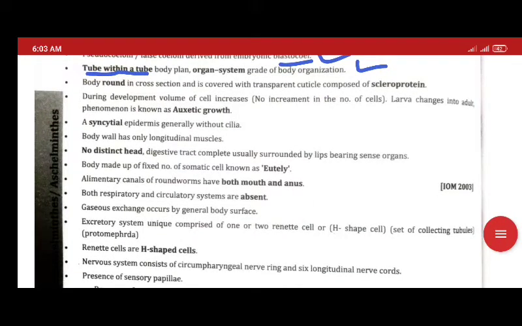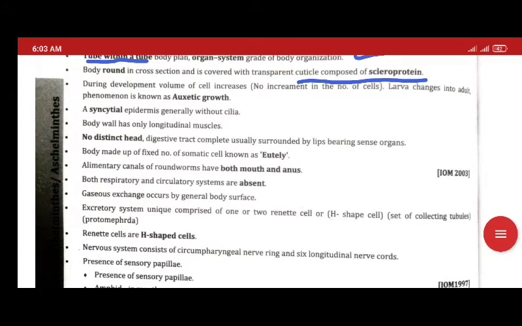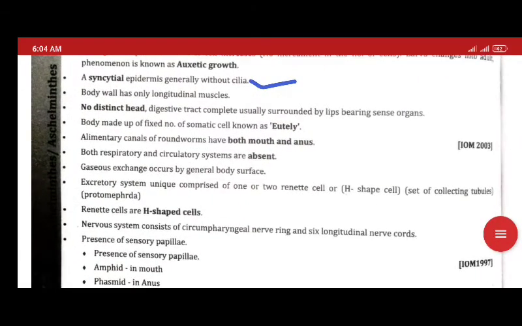The body is round, covered by a cuticle composed of scleroprotein, because this phylum is mostly parasitic in nature, with indirect development, so larvae develop. The epidermis is syncytial, without cilia, because they are not free. Syncytial means multinucleated.